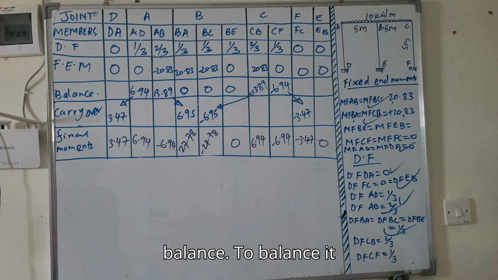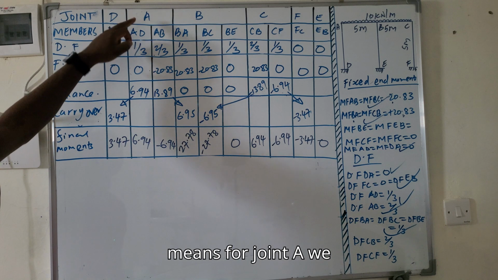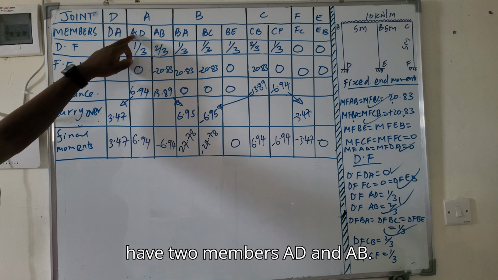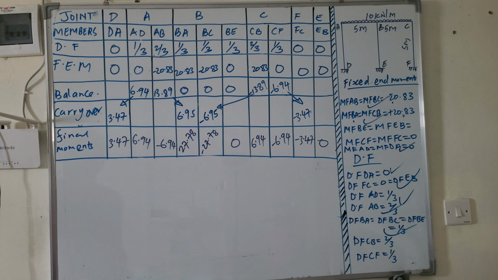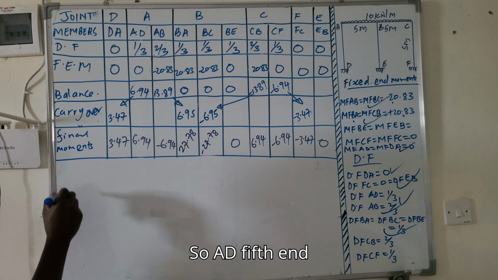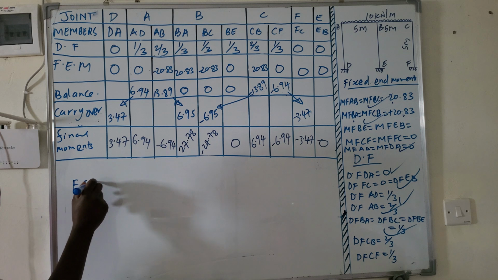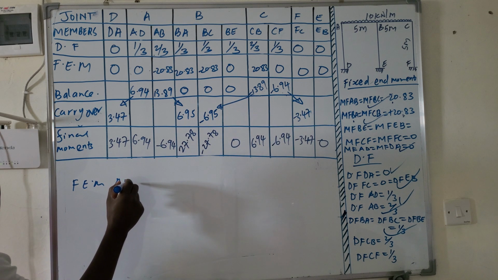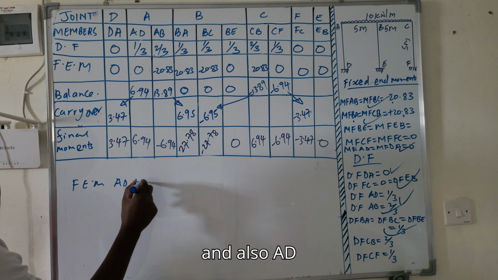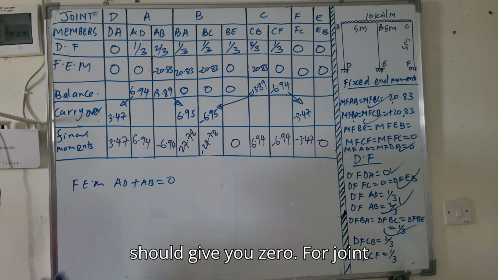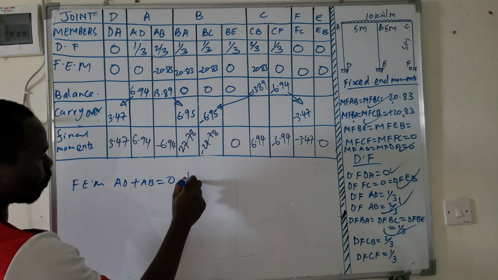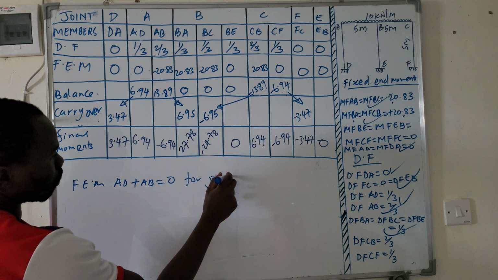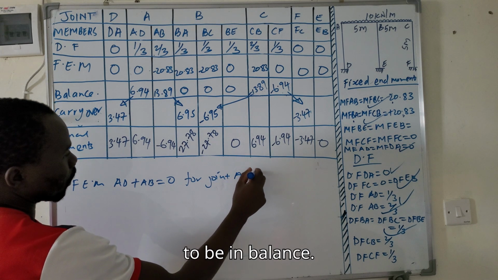To balance, it means for joint A, we have 2 members, AD and AB. So the fixed end moment for member AD and also AB should give you 0 for joint A to be in balance.